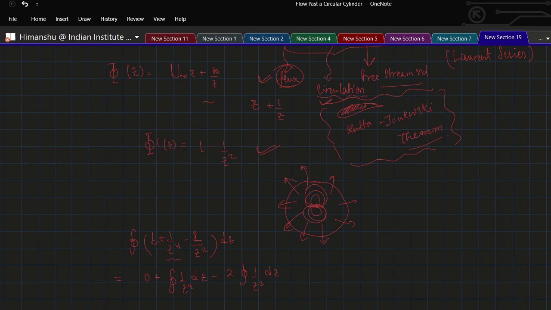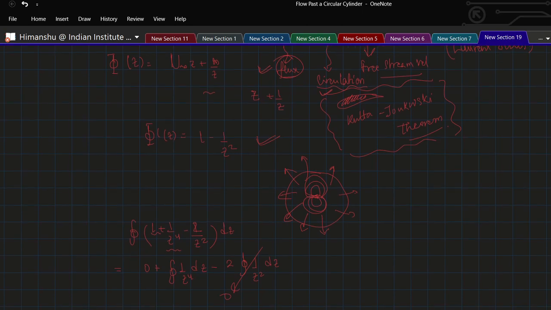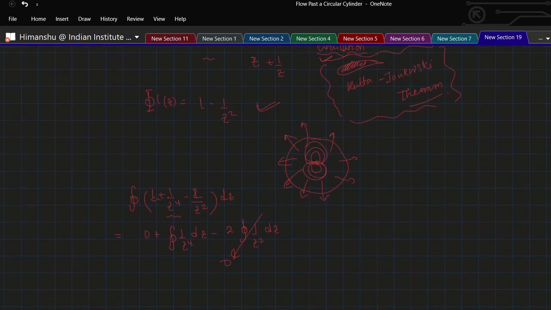So this would also be 0. This can also be proved using Green's theorem or Stokes theorem.